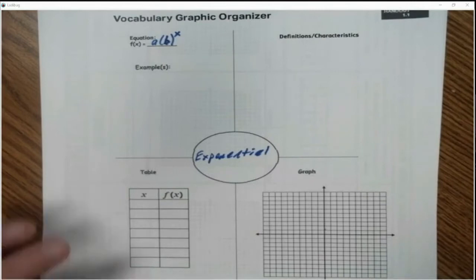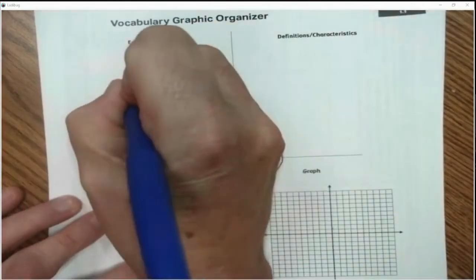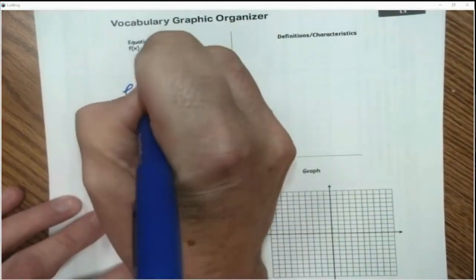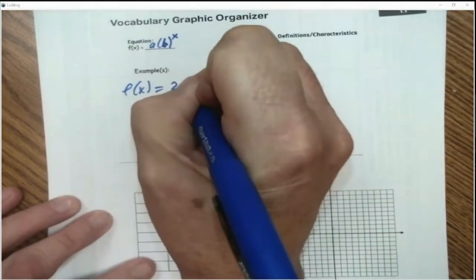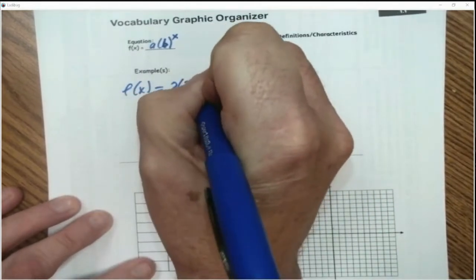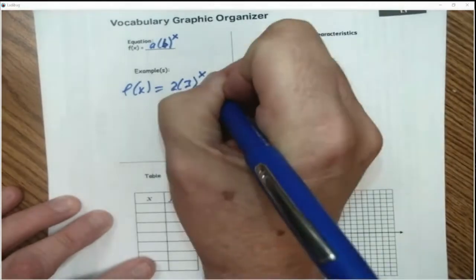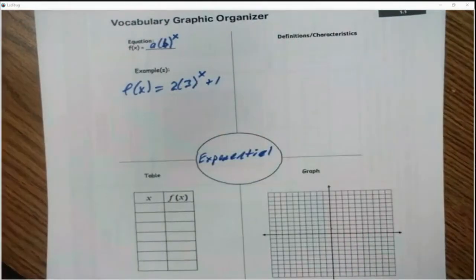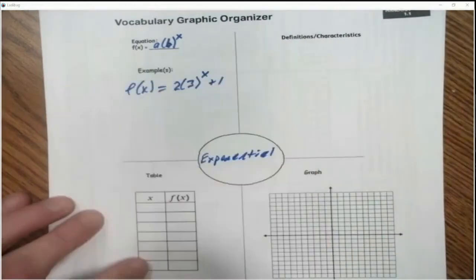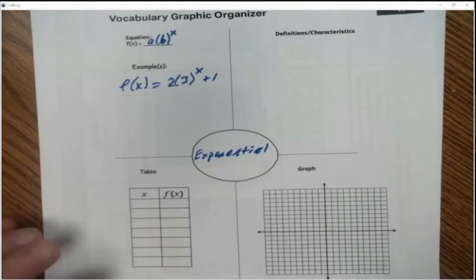All right, so an example of that, f of x equals 2 times 3 to the x plus 1. We can have a constant on the end that raises it up on the y-axis.